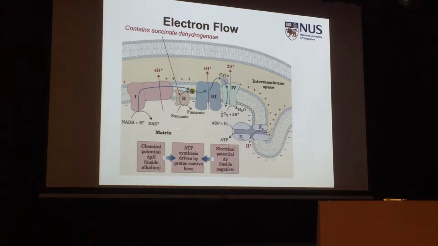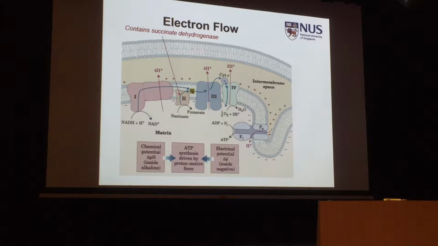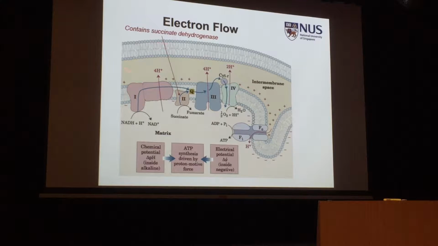Have to be pH 7. So there must be a way to remove it, right? Remove it and then pump it back again. So for one molecule of oxygen that's been reduced, we have 10 protons that are being pumped out into the intermembrane space. But it doesn't stay there, it cannot stay there.